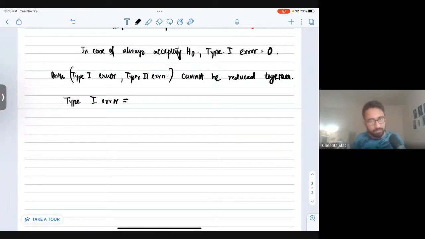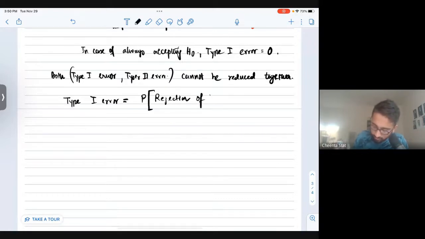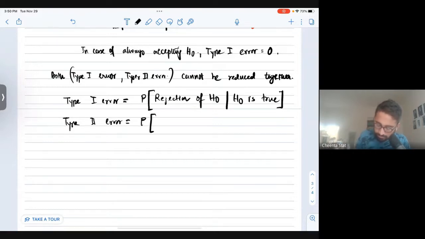So what is the formal definition of type 1 error and type 2 error? Type 1 error is nothing but the probability of rejection of H naught given H naught is true. And type 2 error is the probability of acceptance of H naught given H1 is true.